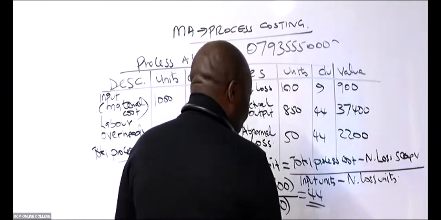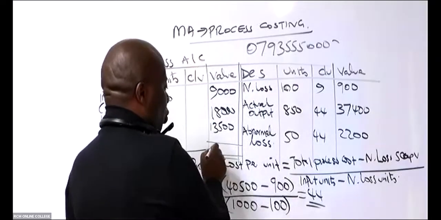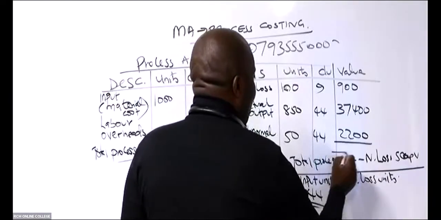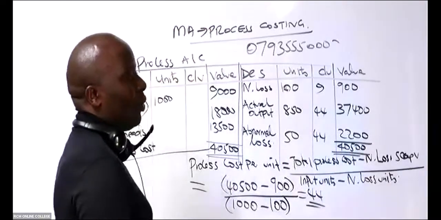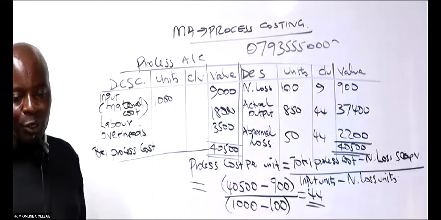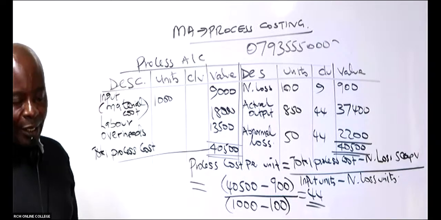And you can easily check for yourselves because this account has to balance. You have told me that this is 4,500. So if you are correct, when you add this side, we should also be able to get 4,500. Is that okay, ladies and gentlemen? Great, thank you so much.